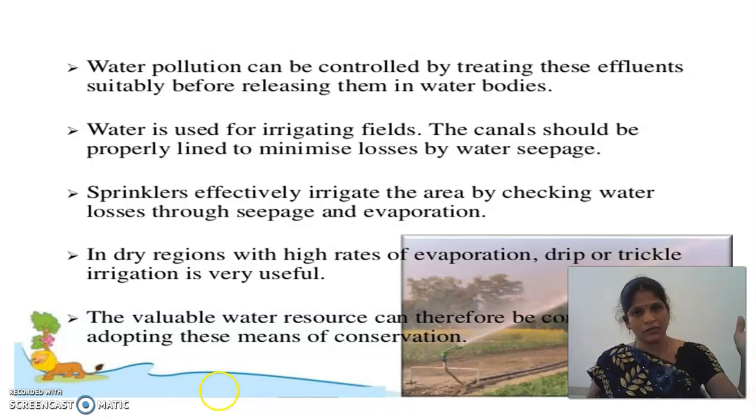The sprinklers splash the water over a huge area. In dry regions with high rates of evaporation, drip or trickle irrigation is very useful. The valuable water resource can therefore be conserved by adopting these means of conservation. Yes, children, more than the other natural resources, water is very, very important for us because it supports life.